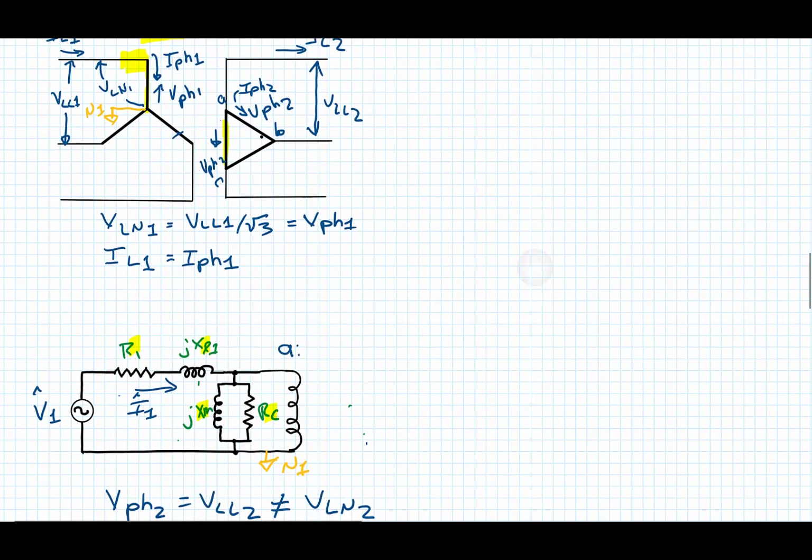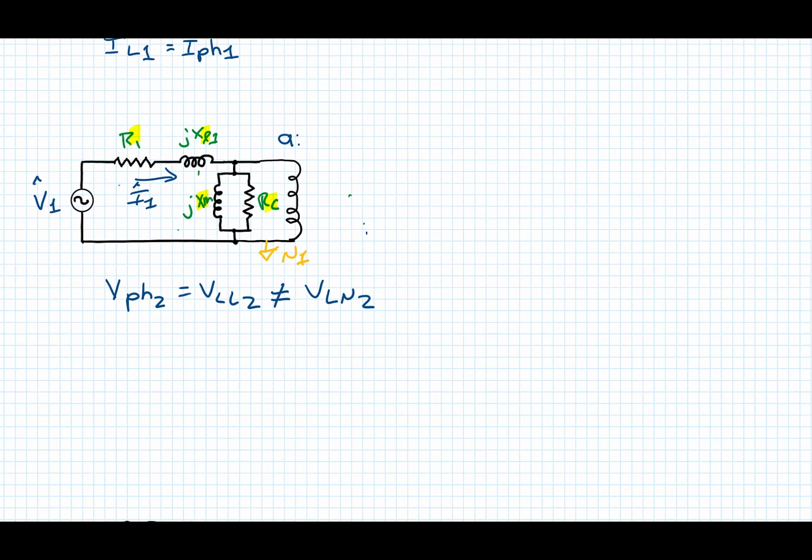By the magnitude would be smaller by a factor of square root of 3. So I phase 2, the magnitude of that, let's say it was a phasor to be completely exact, would be equal to the quantity I line 2 divided by square root of 3.